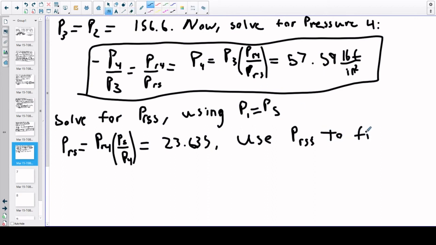So we're using PR5 to find H5S and I guess T5S. You could find it, but I don't think you need to.